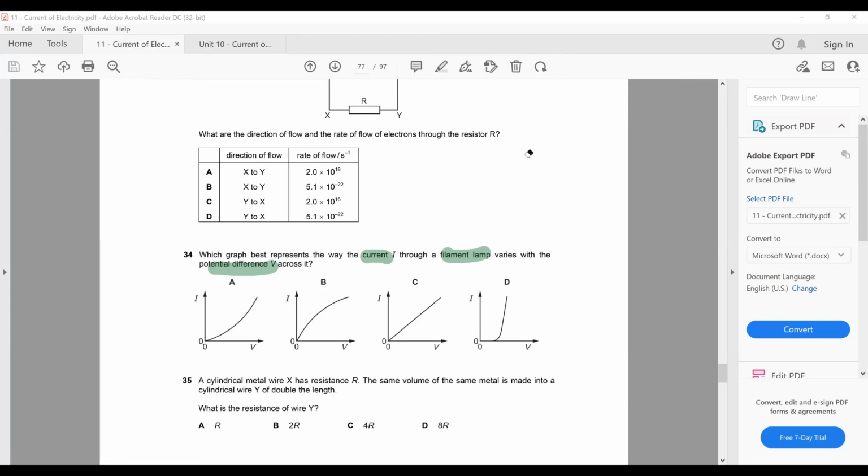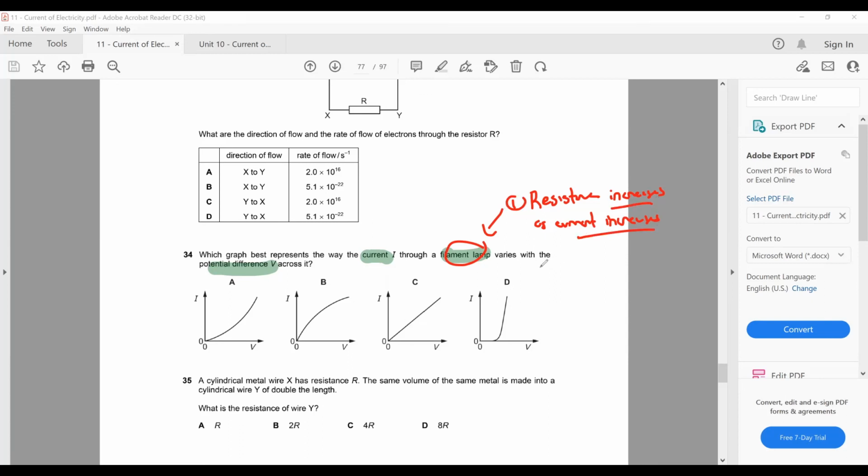Okay, so one of the first things you remember for filament lamp is that resistance increases as current increases. This one is what you know for filament lamp.